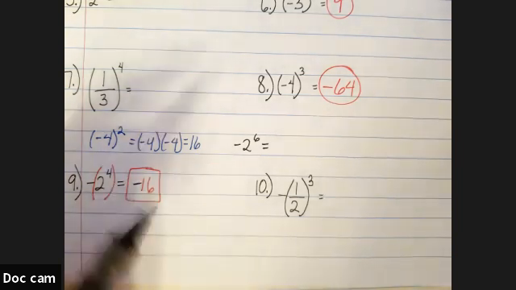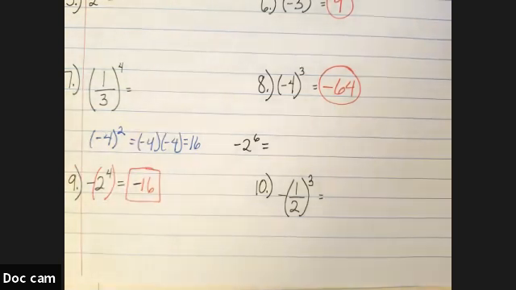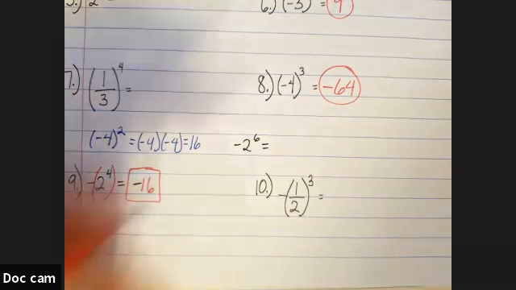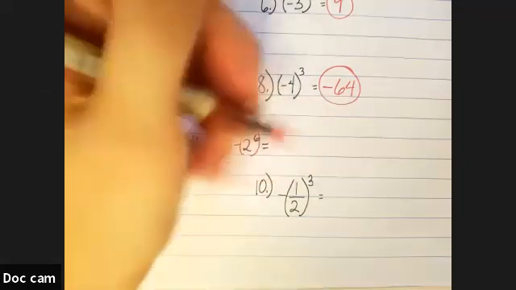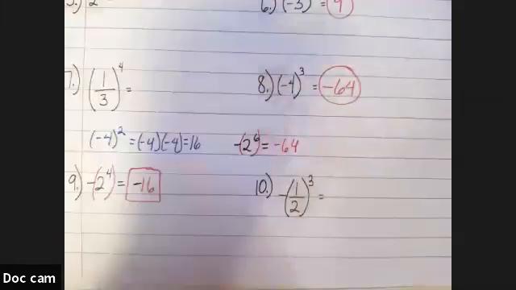All right, and since it doesn't have the parentheses, it's like that. And so 2 to the 6th power is 64, and so this would be -64.